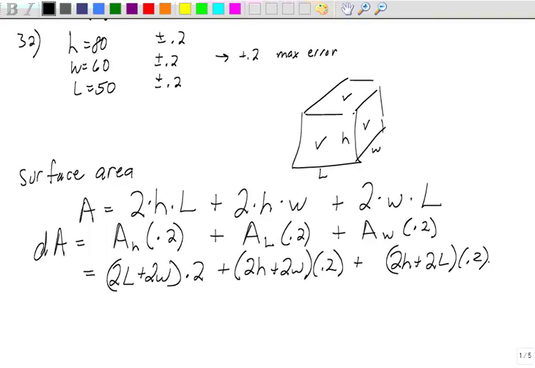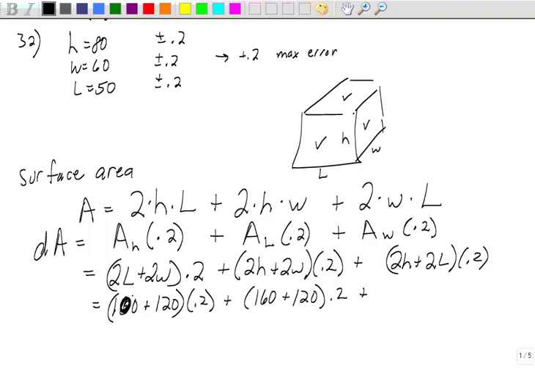And if I substitute in 50 for L, so it's going to be 100 plus 60 for W. Height is 80. Sorry, this is 100.